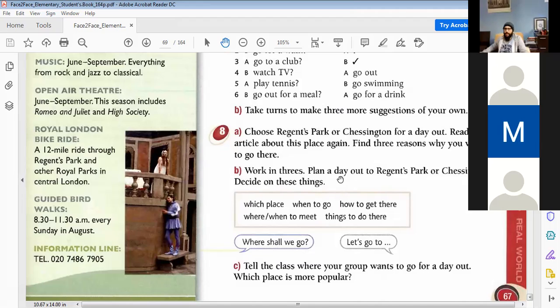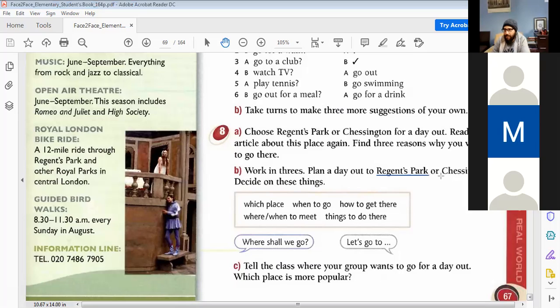So we want to do it in the same way. Let's do it in pairs. Maybe we can change the pairs. So here I'd like Basma and Rana. You can do this together, and let me show you what you need to do. So we have to choose one of two places, okay? So maybe Regent's Park, or maybe Chessington, all right?